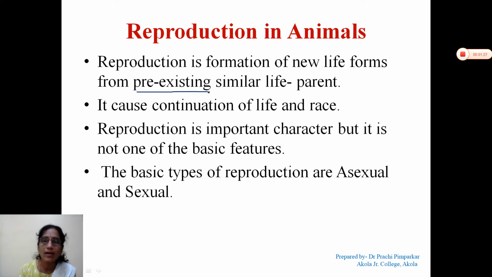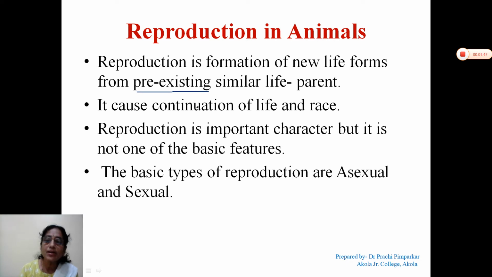Always a new organism is produced from its parents, the pre-existing ones, and it is similar to its parents, like begets like. In the same way in animals also, parents give rise to new offspring, and it is called reproduction.